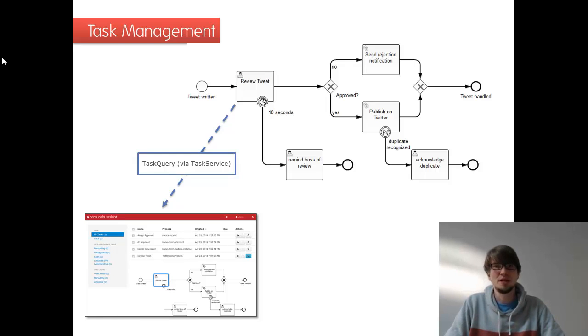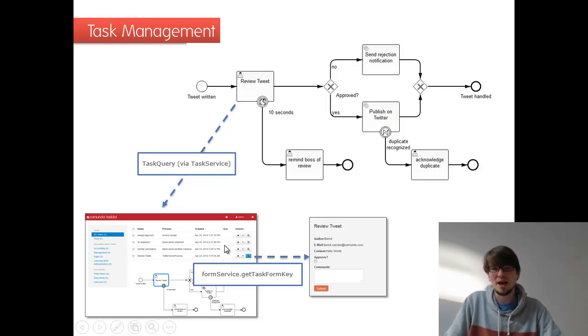This is pretty important here because when the process reaches a user task, it creates a task in the task management. And this can be accessed via the query API, in our case, via the Java REST API. Then you can query all the tasks for a group or for a user, show that as some kind of list, and then the people can select which task they are working on.